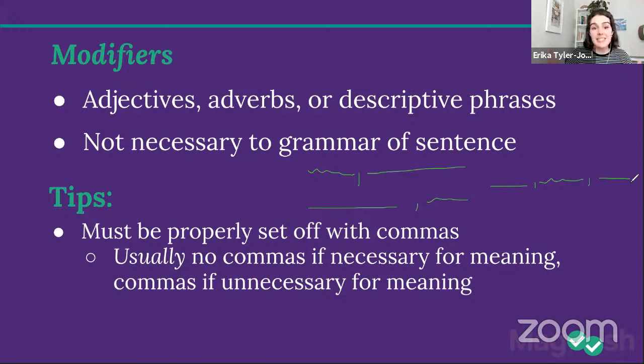So here you would instead say, my brother Logan goes to college, with no commas, because you need to know it's Logan and not Foster. That is not clear from the sentence. Hopefully that makes sense. So if we need it for the meaning, no commas. If it is extra, unnecessary for the meaning, commas.